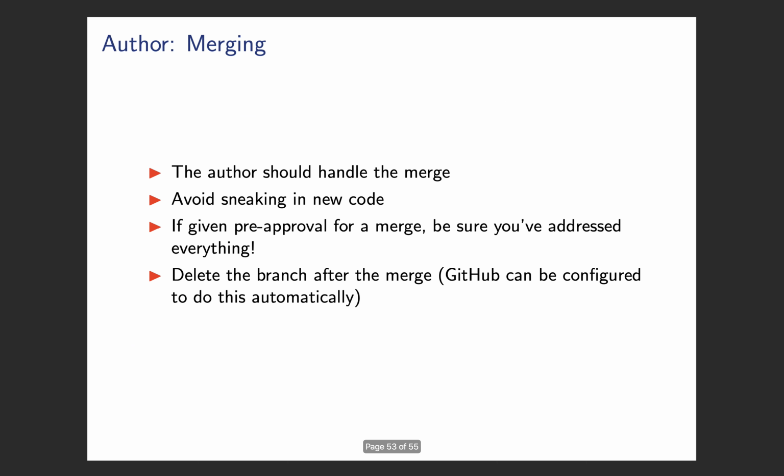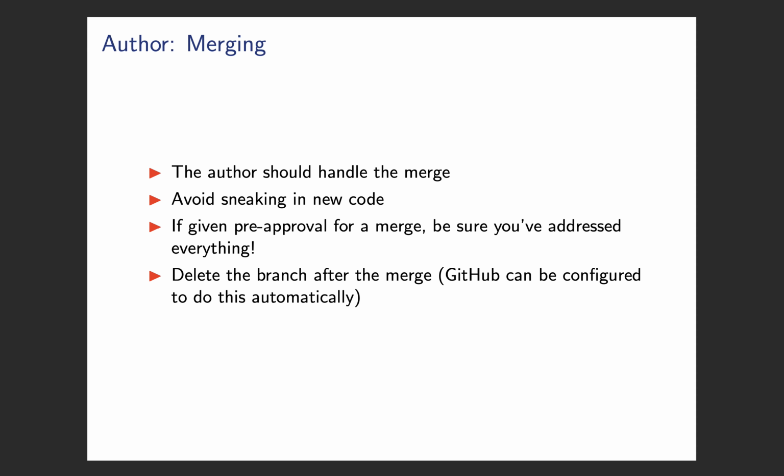Then finally, merging. A few small comments. The author should be the person to handle the merge in most cases. Every once in a while, you might say, "I'm going to be out of town," or someone has a PR and it's urgent, and you have to merge their PR for some reason. That happens. But in general, the author should do the merge.